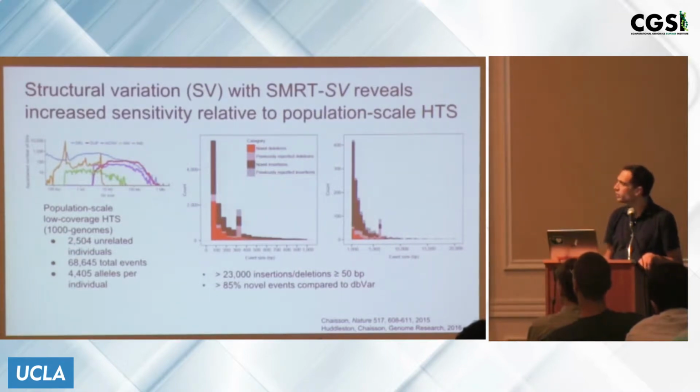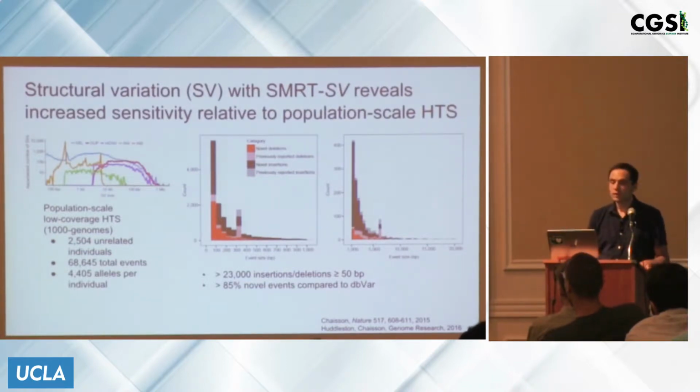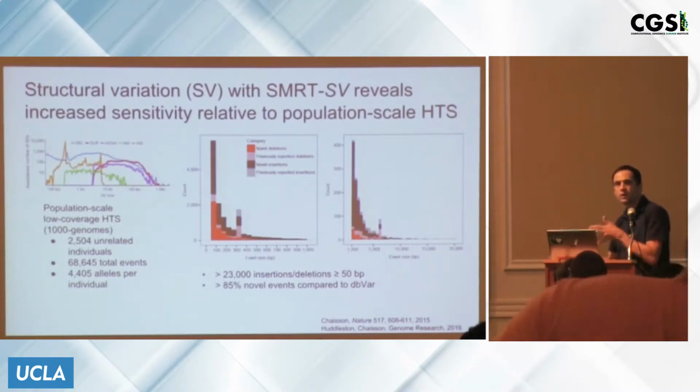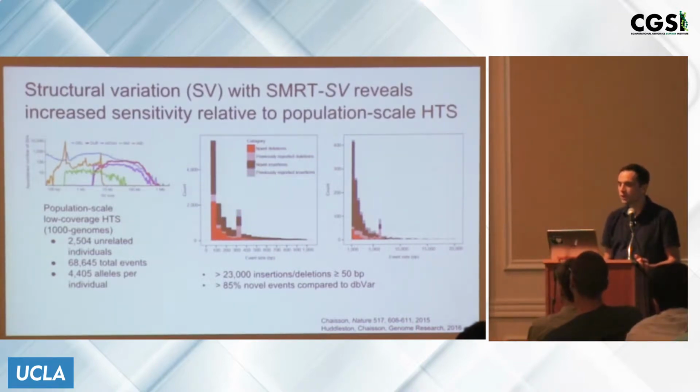What's shown here are the number of novel variants in dark colors relative to the previous variation study. So it shows that most of the variants that are found in this first round of single molecule sequencing studies are novel.